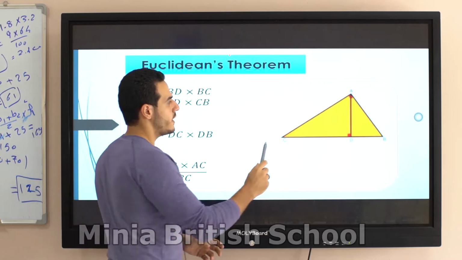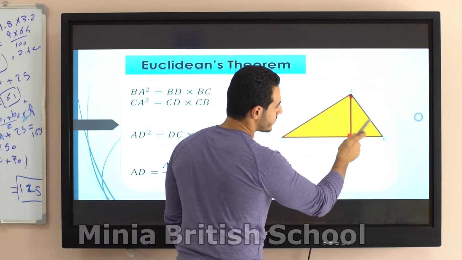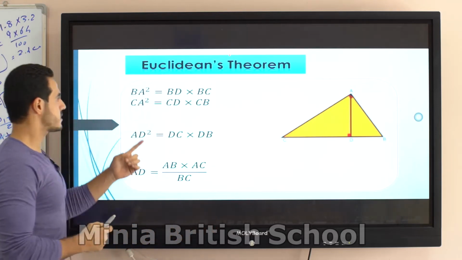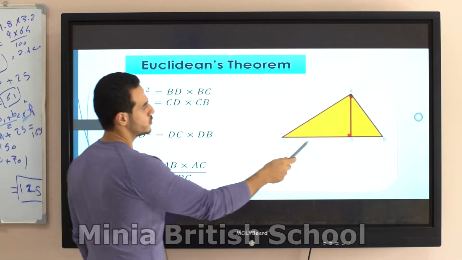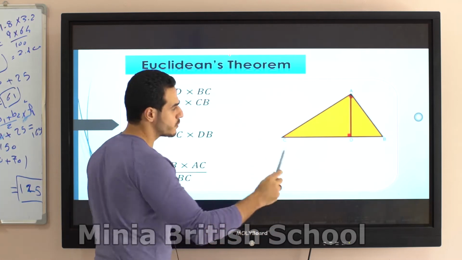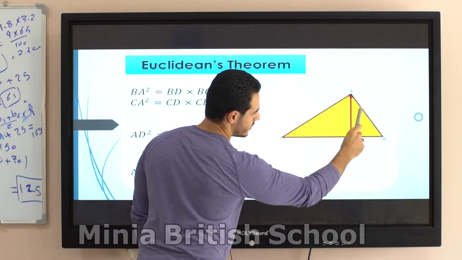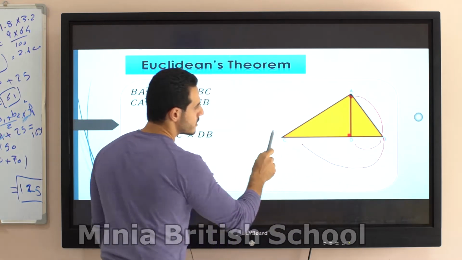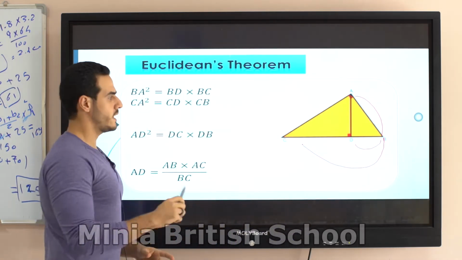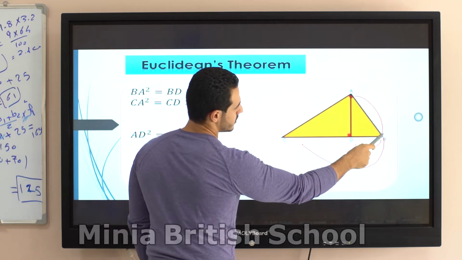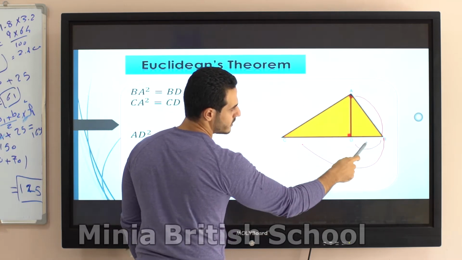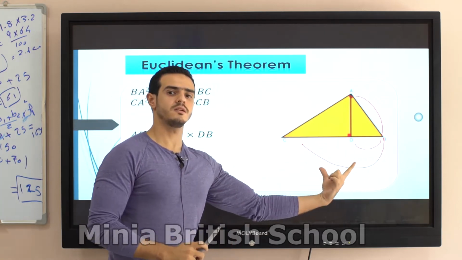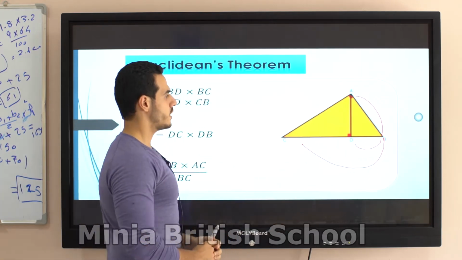Now, to find the length of AB, I will use this rule: AB squared equals its projection BD times the hypotenuse. Again, AB square equals BD times BC, its projection times the length of the hypotenuse.